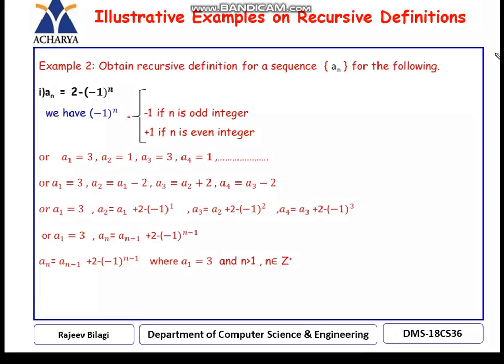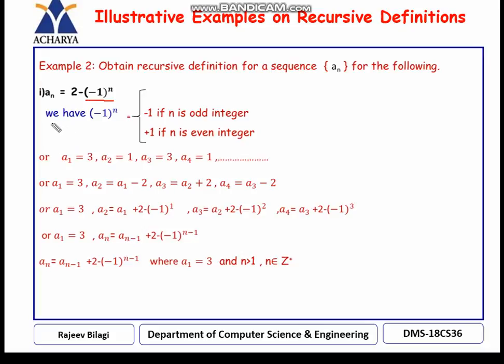If you look at another problem, an equals 2 minus of minus 1 to the power of n. Depending on the value of n, this minus 1 to the power of n will vary.